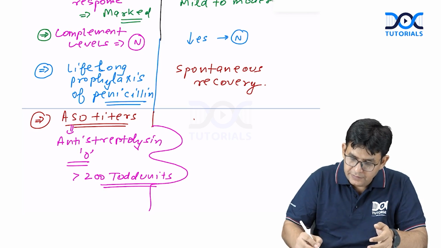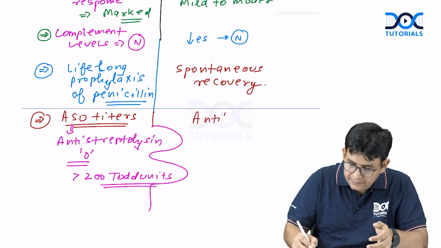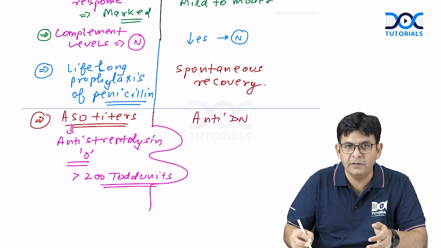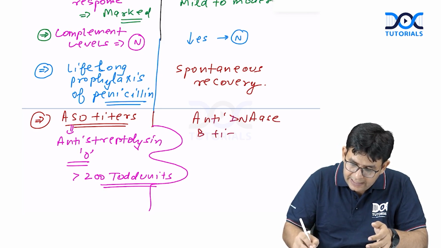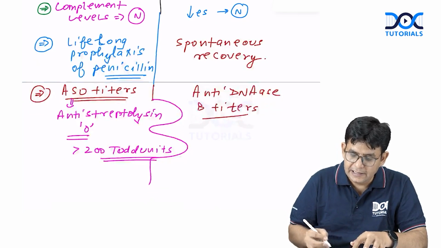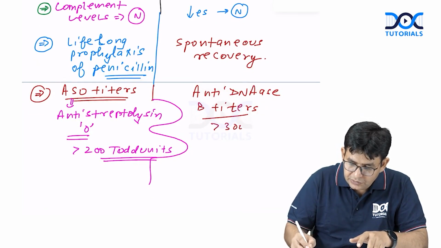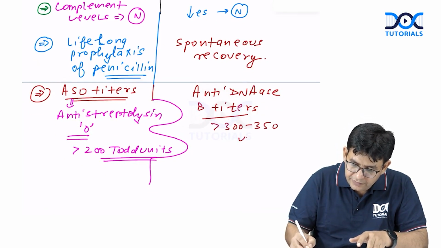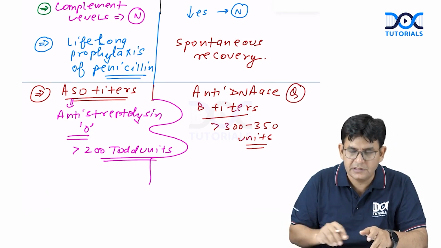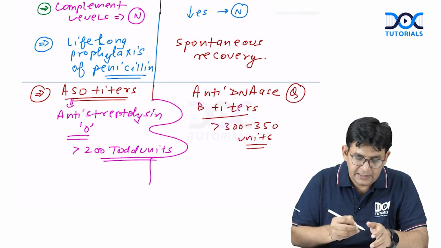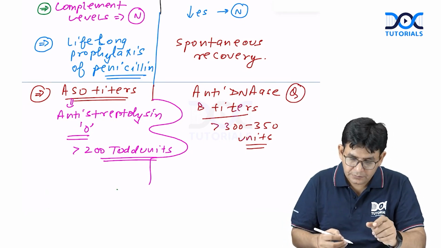Whereas in the case of acute glomerulonephritis, which titers do you look for? Anti-DNase B, more than 300 to 350 units. And this was asked in one of the exams, and that you should know. Is it fine?